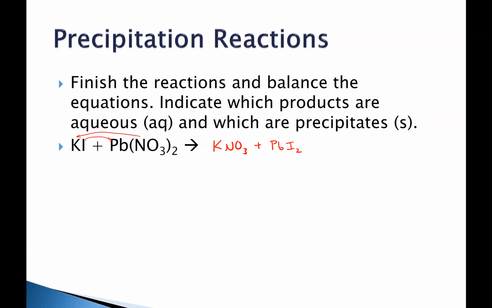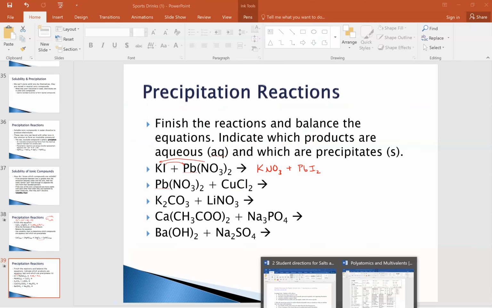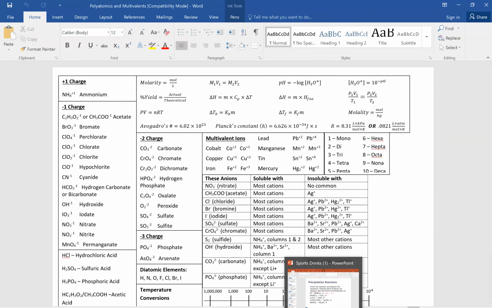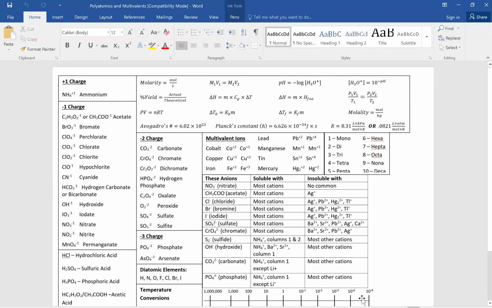In order to check solubility, now we're going to go back to that chart, and I'll escape out of here again. We would look at our polyatomics and multivalence. KNO3, well, nitrate's soluble with everything, and you'll find that that's a trend.